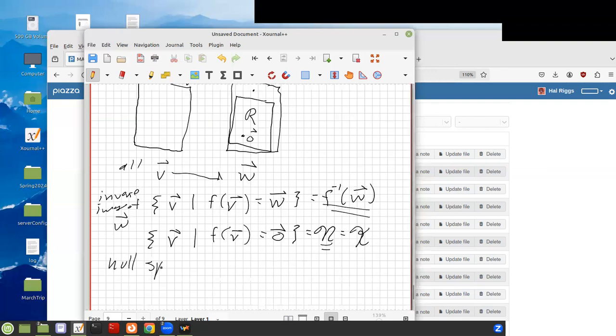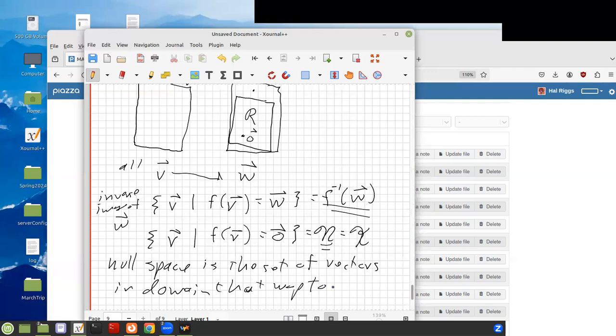The null space is all the vectors in the domain, so it's the set of vectors in the domain that map to the zero vector in the codomain.